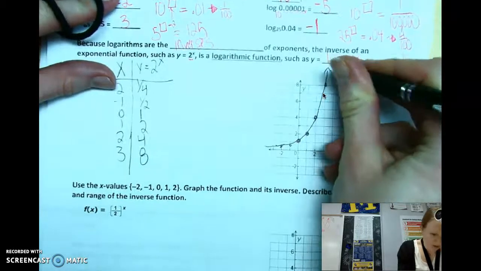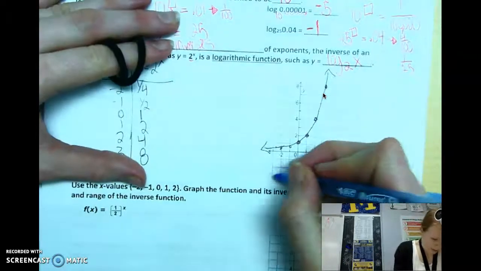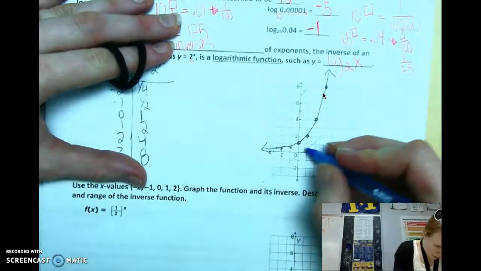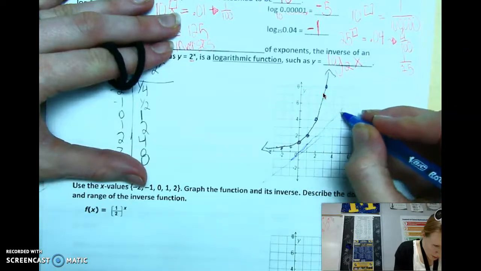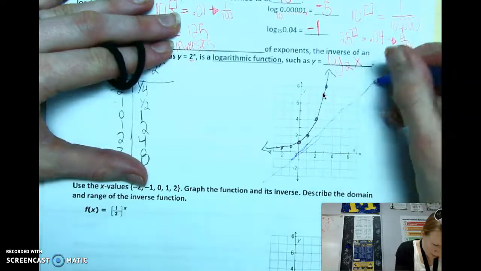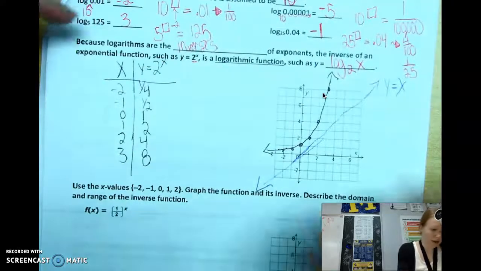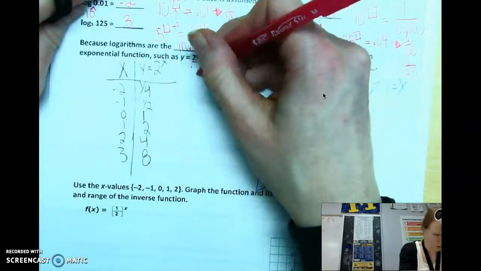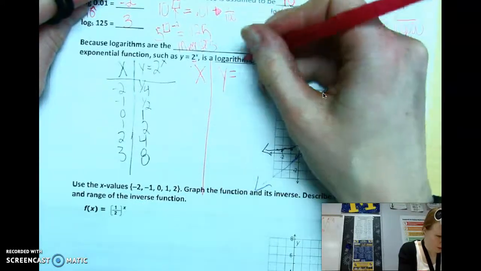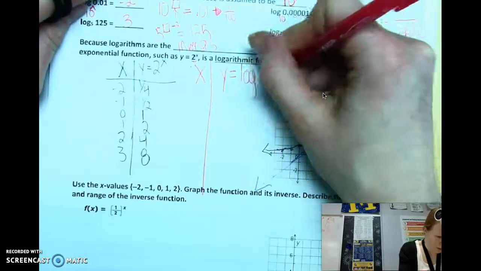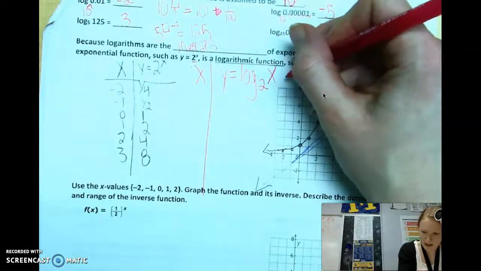If you recall, for inverse functions, those are the ones where you literally reflect over that line. Oops, let's draw a straighter line here. There's 2 ways to do this. You reflect over the line y equals x. Or you can do like I like to do, which is switch your x and your y's around, right? So if I'm doing the inverse function of y equals log base 2, remember the base of my exponential function was 2 and my exponent was x.